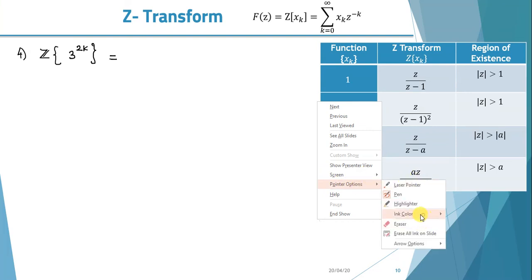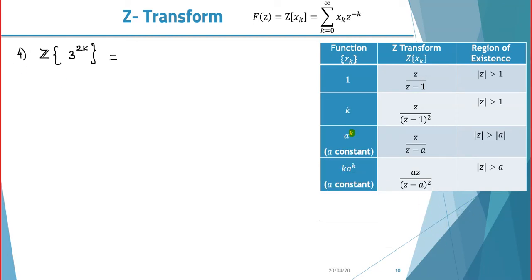We can write 3 power 2k as 3 power 2 multiplied by k. This gives you 9 power k. So this now becomes Z transform of 9 power k, and now use this rule. This gives you Z over Z minus 9.